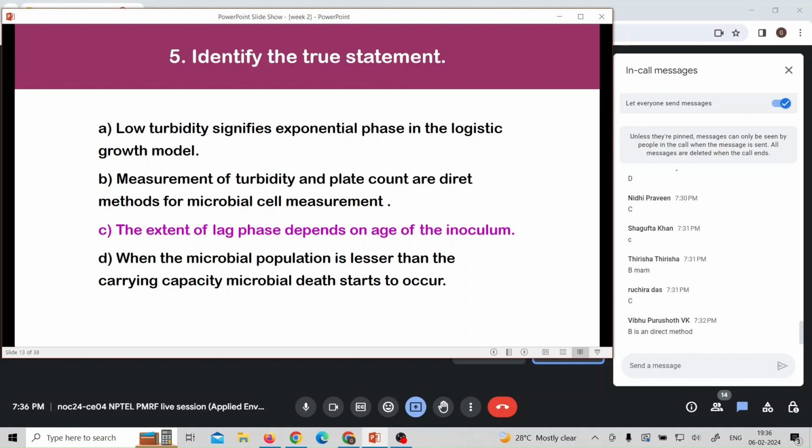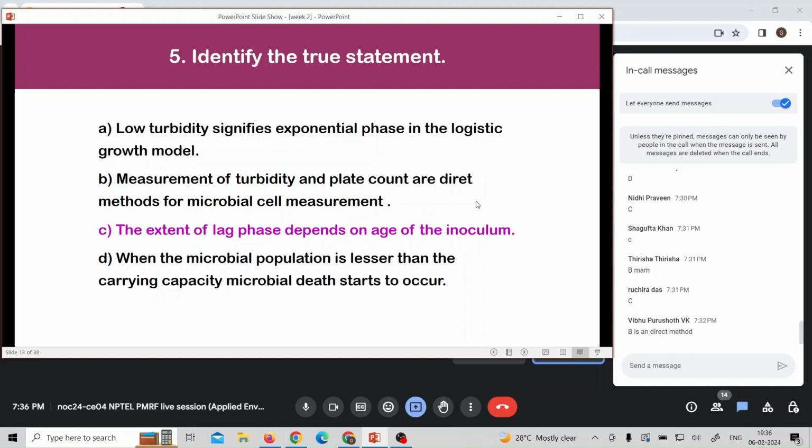I think this concept was somewhat explained in the lecture. I'm going to have one medium already containing a microbe, and I'm going to transfer it to another fresh medium. This inoculation process can happen with any age of the microbe that I had previously. I can put it from either the exponential phase or stationary phase, and depending on from what phase I'm putting the microbe into the other fresh medium, the extent of the lag phase is going to vary.